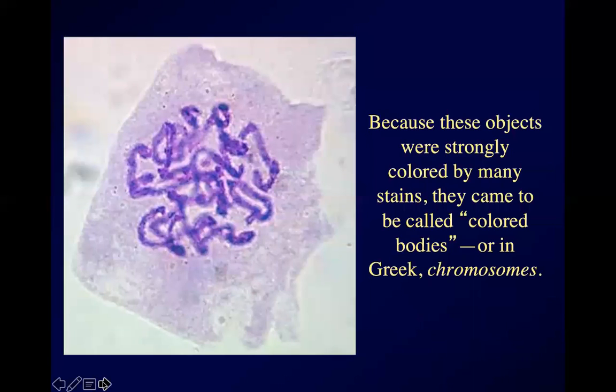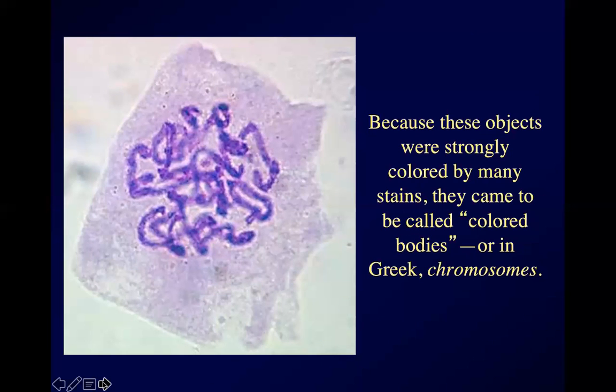Well, it turned out that if you zap a cell with the right type of stain, these string-like objects take up color very strongly. This is an example, a cell that was stained in the process of beginning to divide. And instead of a proper nucleus, you can see it has what looks like bits of yarn kind of balled up in the center.